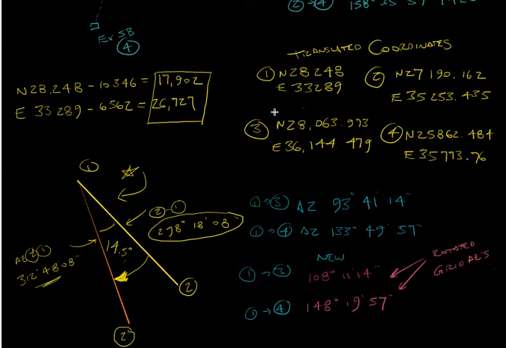Since you need your distance too, when you inverse from 1 to 3, also inverse to get your distances. So from 1 to 3, the distance is 2,861.403, and from 1 to 4, 3,444.527.